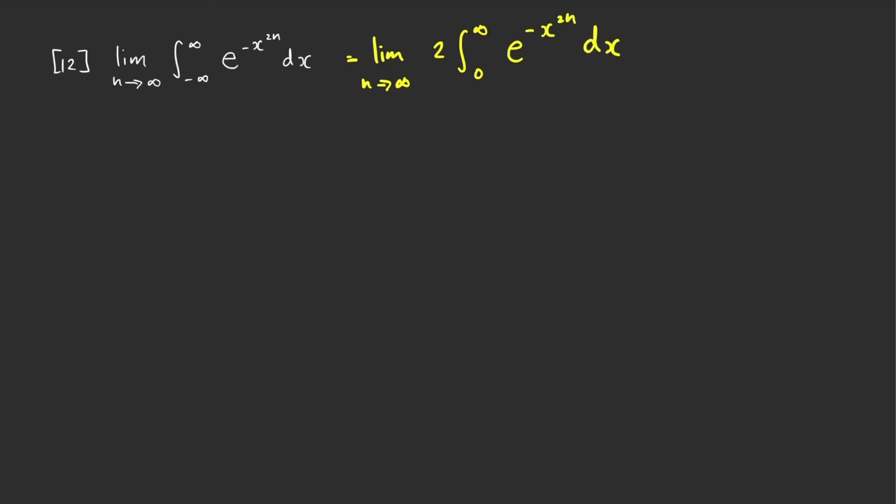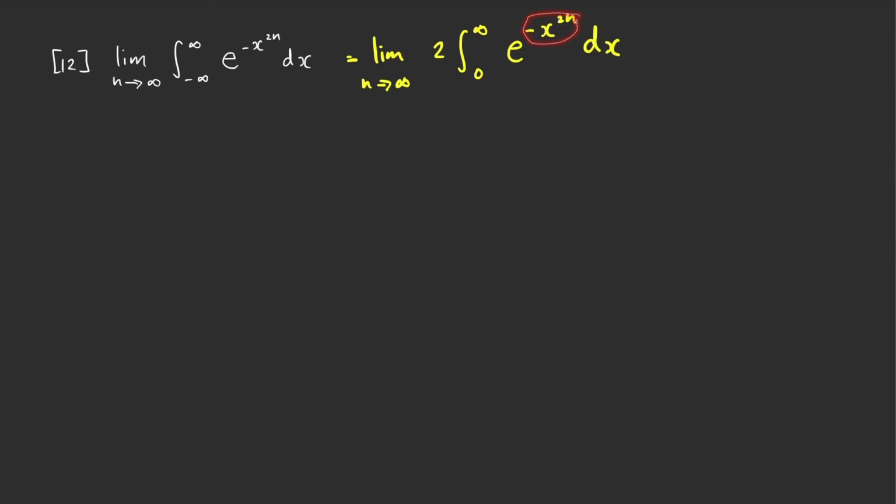Now, if you look at this integrand again, for, let's say, x between 0 and 1, the limit of this one is equal to 1, because this will approach 0 if x is between 0 and 1.